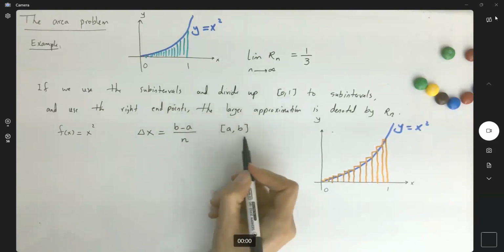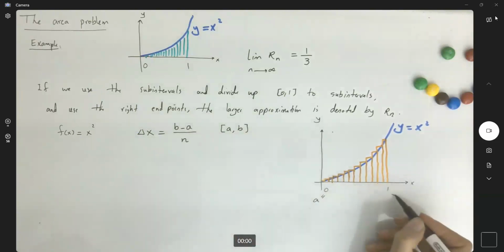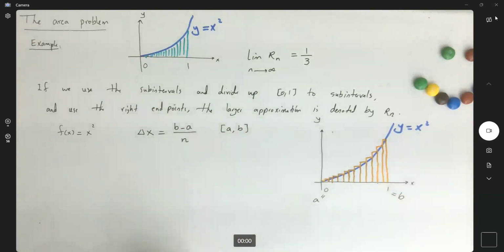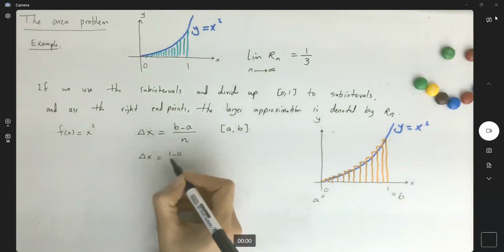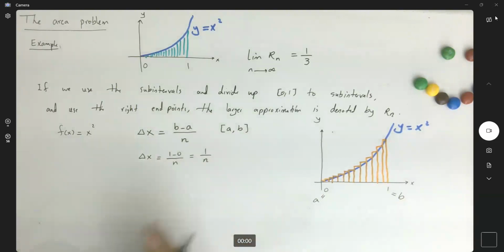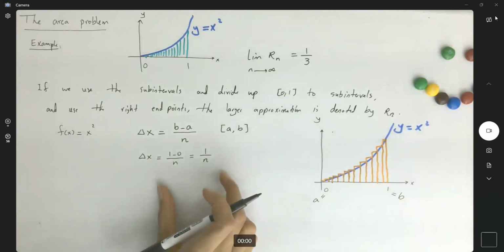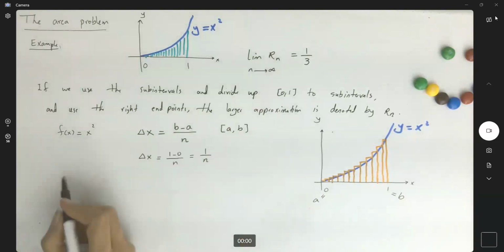These are the endpoints of your intervals. In this case, a is equal to 0 and b is equal to 1. So your delta x is equal to 1 minus 0 divided by n, or 1/n. In the previous example, n was 4. Now, to approximate Rn.